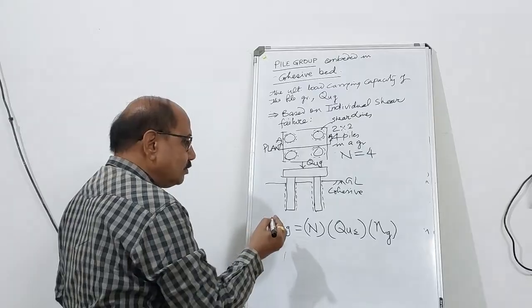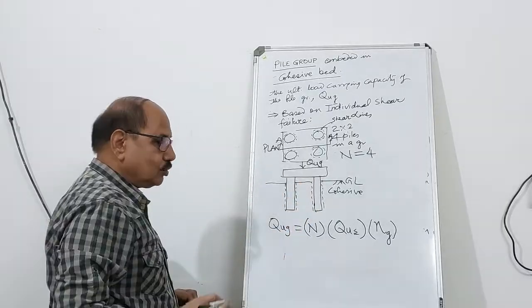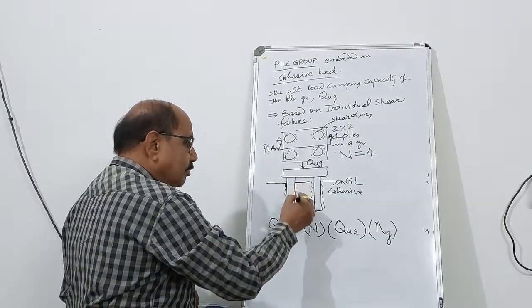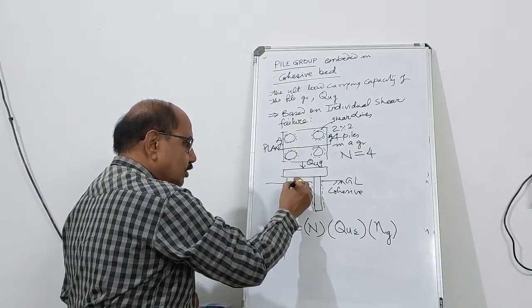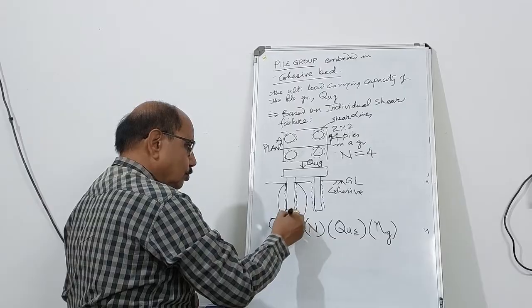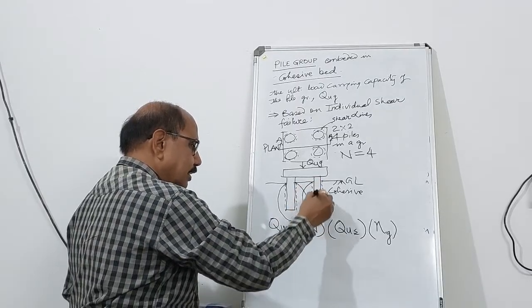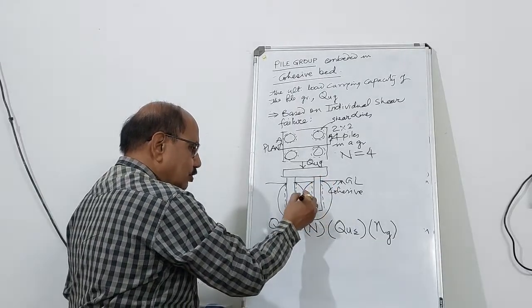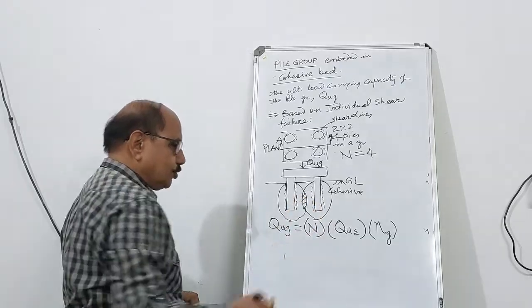The reason being, the piles are so close to each other, the pressure bulb, when you apply the external load, the pressure bulb is going to get developed like this. Now you see the pressure bulbs are getting merged.